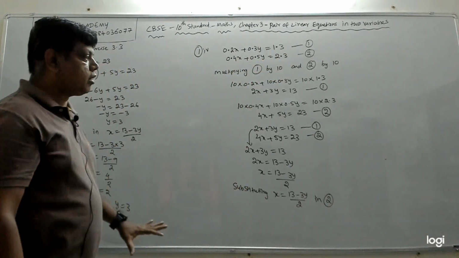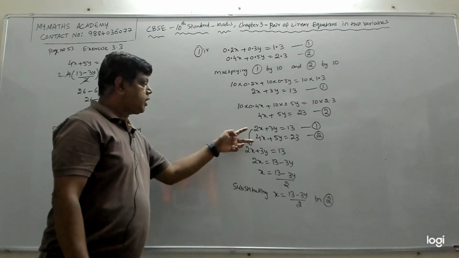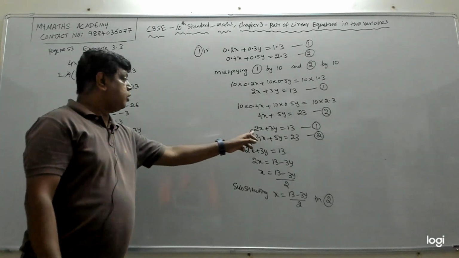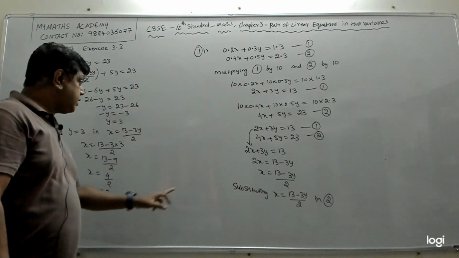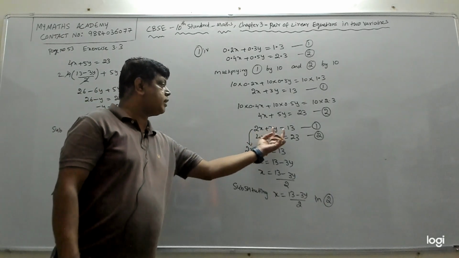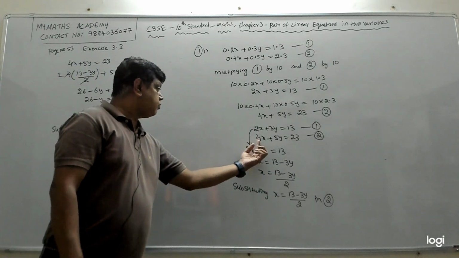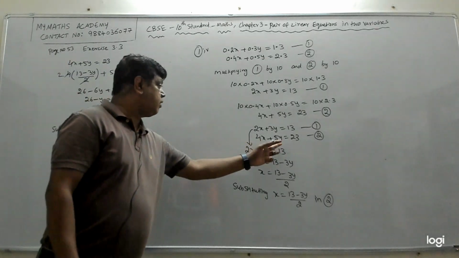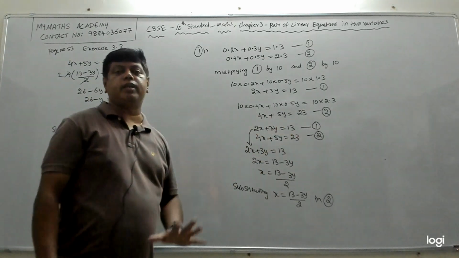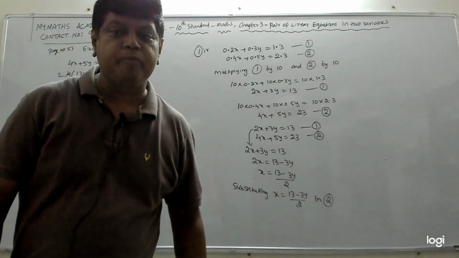So our answer is correct. Or you can substitute in this also and check it. 2 2s are 4, 3 3s are 9, 4 plus 9 is 13. 4 2s are 8, 5 3s are 15, 8 plus 15 is 23. So which means our answer is right.